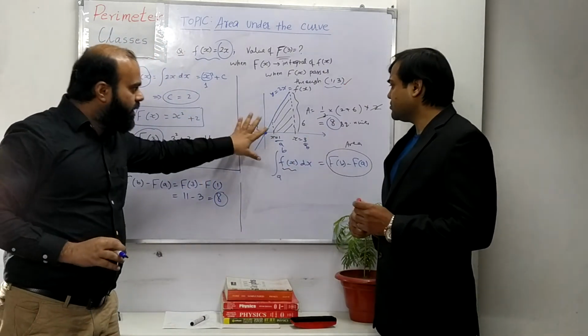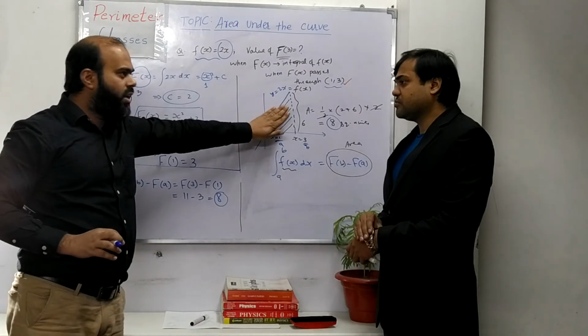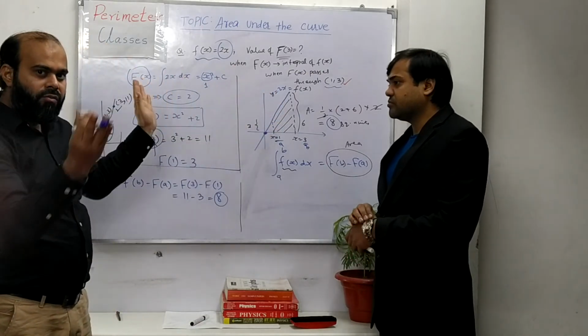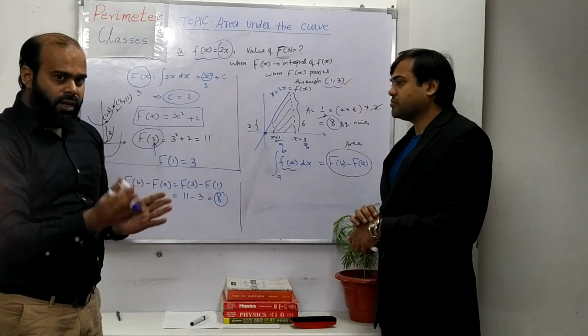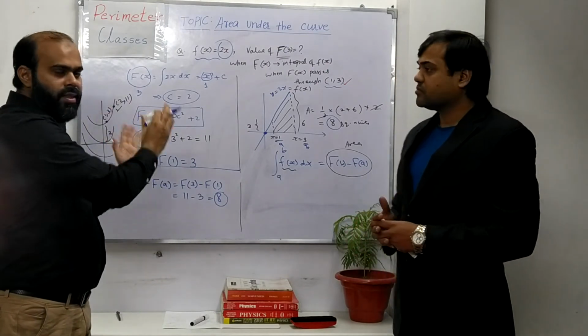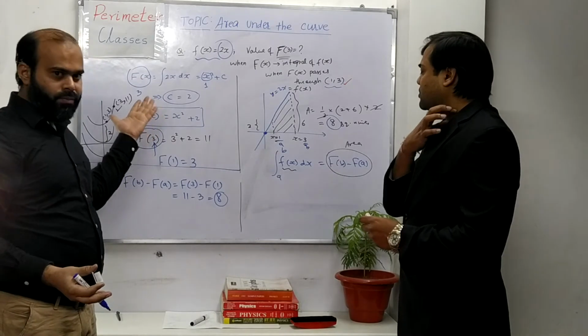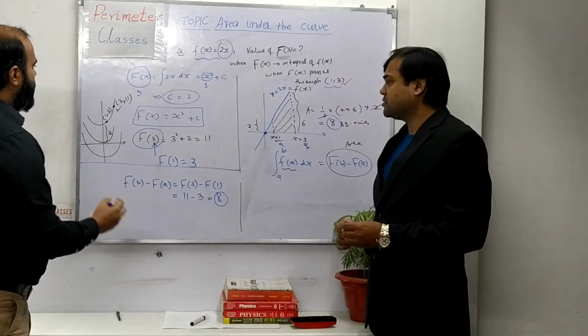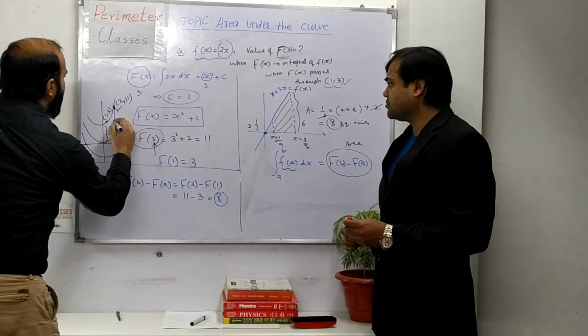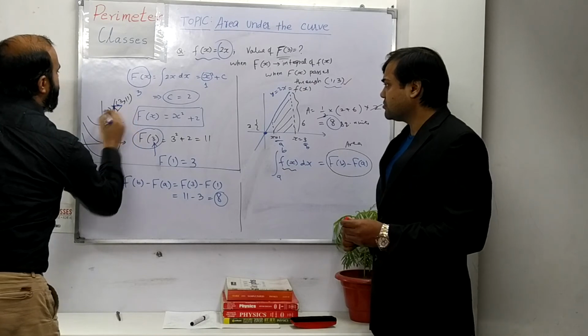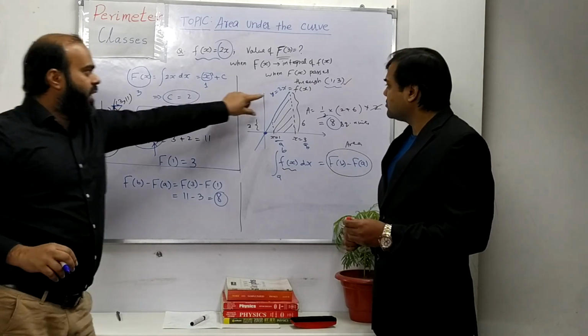So definite integration is actually the area enclosed by the function, which gives you the same value if you integrate it and put in the lower limit and upper limit. Basically, you can also see that the difference between the y coordinates of this point is actually the area.